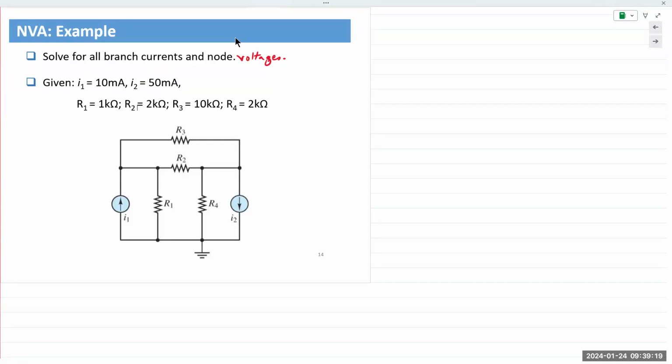So even before you begin your analysis, you can reduce R2 and R3 to one single resistance. So let's redraw the circuit. R4 is already there. So let me call this R23. And R23 is the parallel combination of R2 and R3.